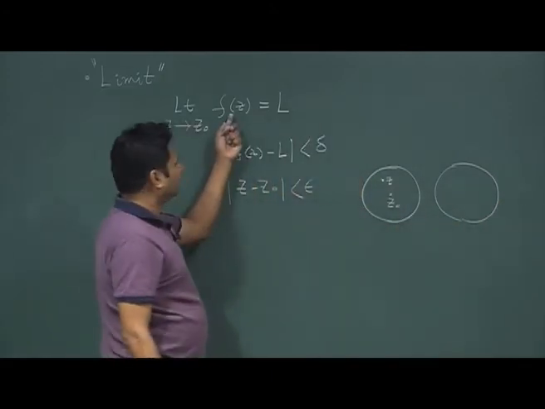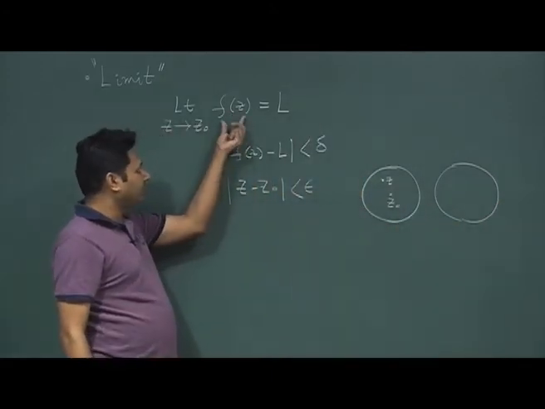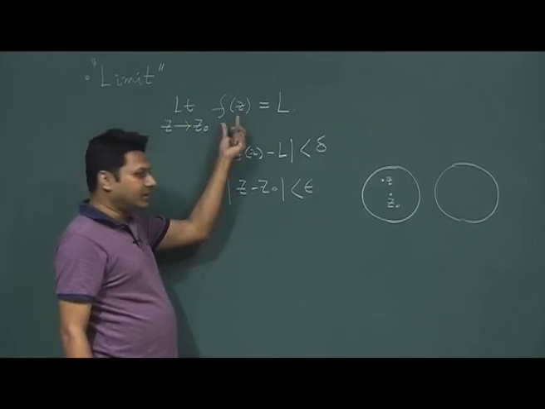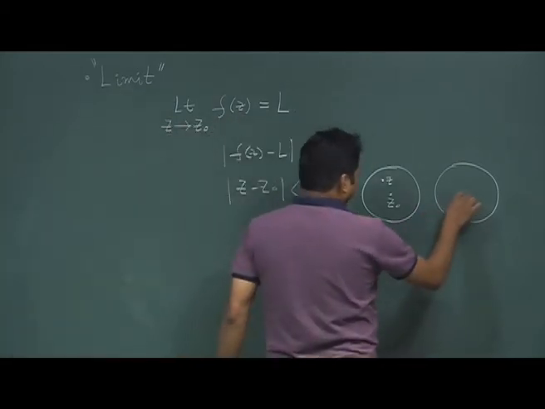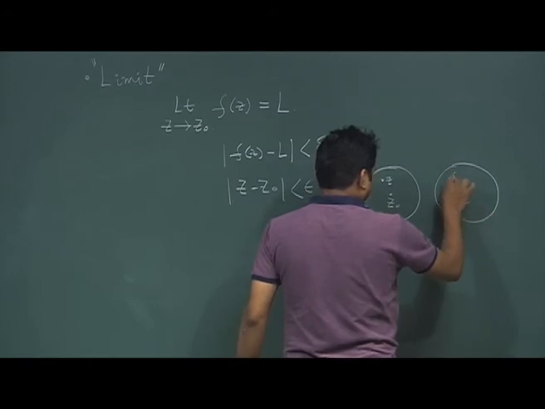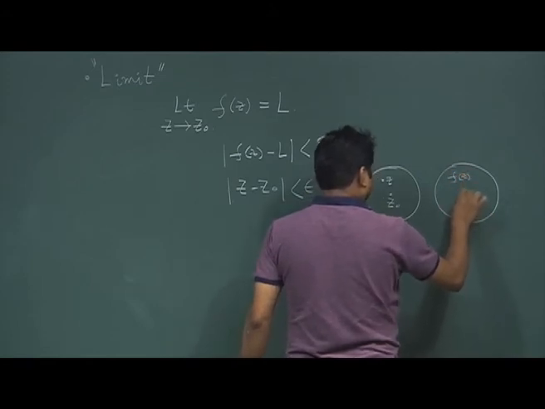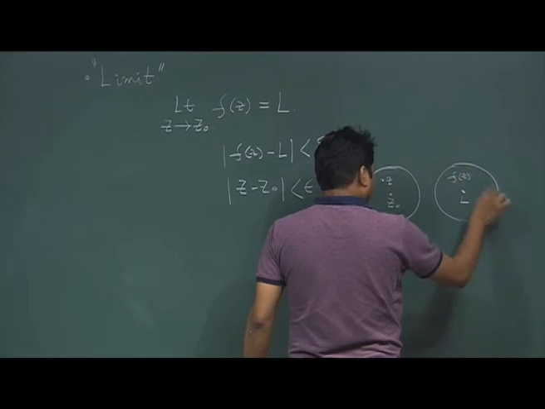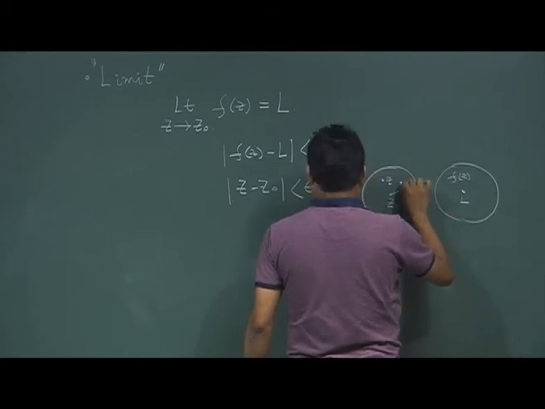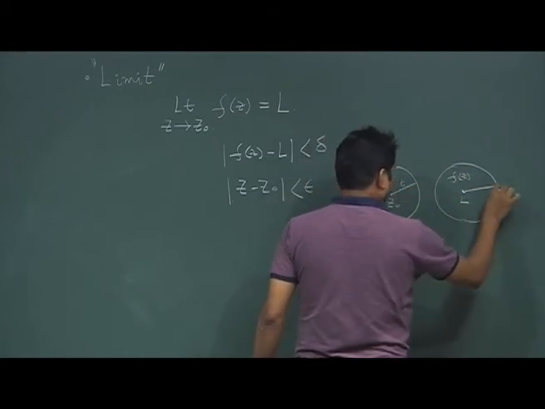In the w plane, when I put this function here, I will have a point L, and my f(z) or w is such that they will also follow similar kinds of things.